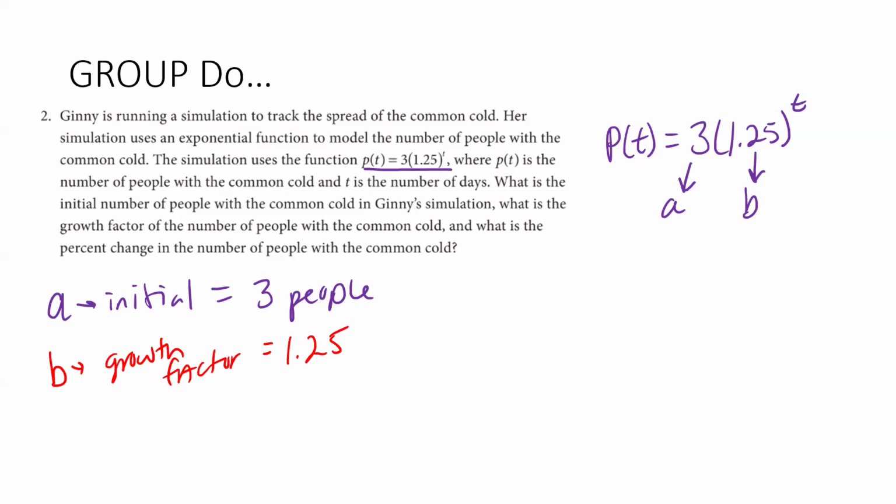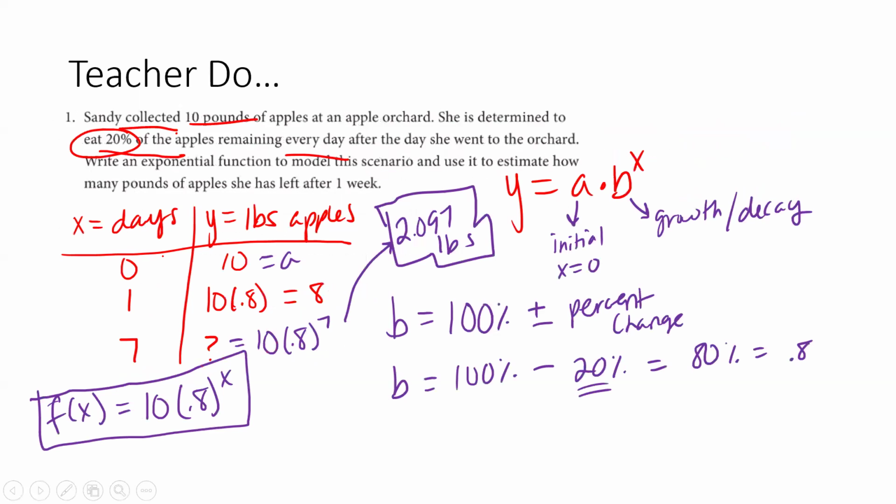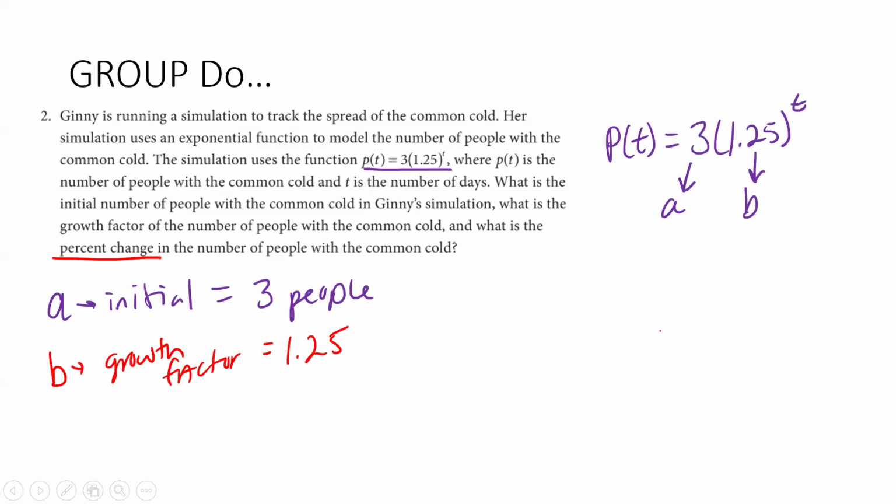Okay, here we go. 1.25 is our growth factor, correct? All right, your percent change. Remember how over here we talked about your B equals 100% plus or minus your percent change? Okay, so when we look at 1.25, that means I'm at 125%, correct?